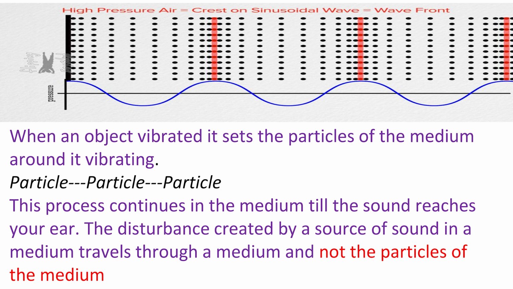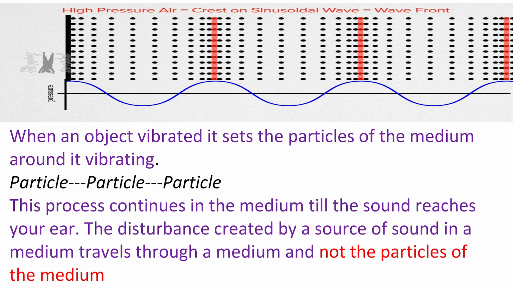That means the adjacent particle pushes the next adjacent particle, and the particle which pushed will come to rest and attain its equilibrium position. You can see that the particles of the medium do not move forward themselves, they only vibrate, but the disturbance is carried forward. This is what happens during the propagation of sound in a medium, which can be visualized as a wave.